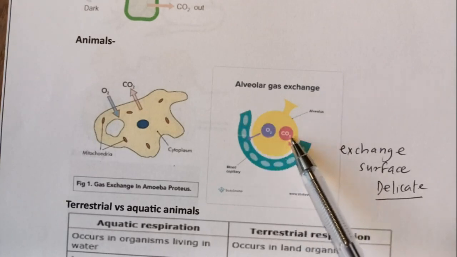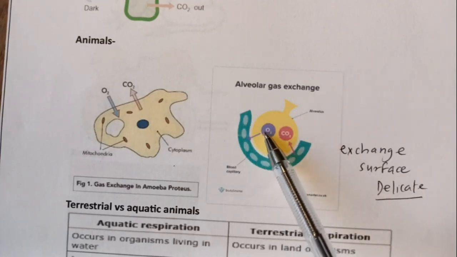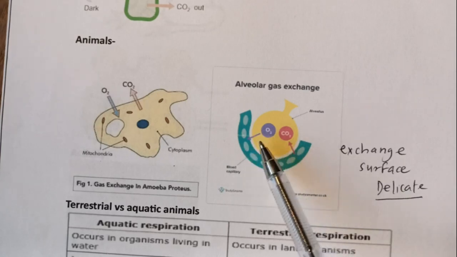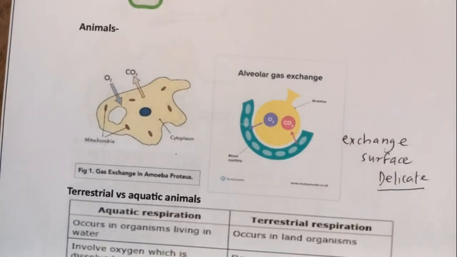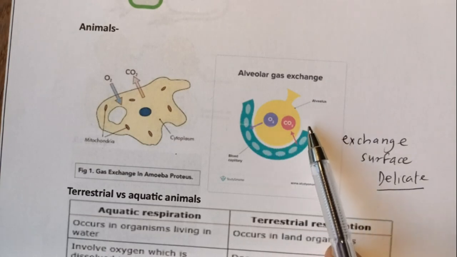So this is the alveolus and that is the blood vessel, and there will be oxygen and carbon dioxide diffusion along the concentration gradient. Okay, so this is the exchange surface.